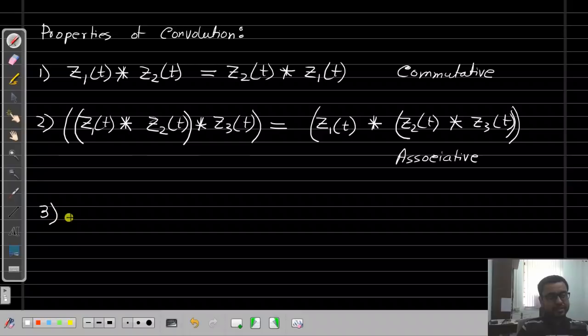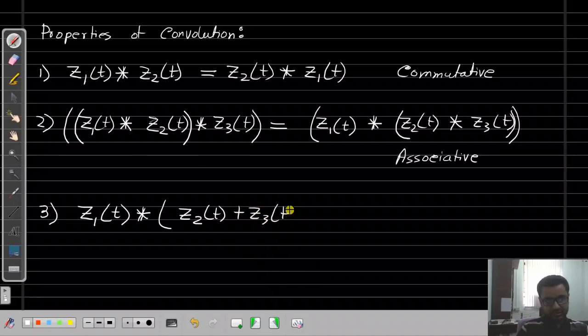Another important property is this. If you have, say, z1 and you calculate the convolution of z1 with z2 plus z3. So this is the sum of these two functions. This is the same as like multiplication, you can do z1 with z2 first and then add z1 with z3.